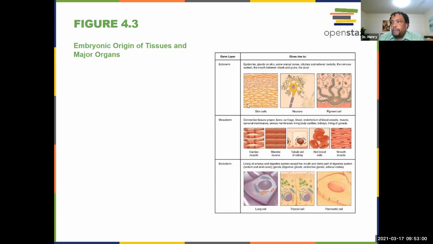So if we kind of think of it, the endoderm is going to be kind of all those internal organs like your digestive tract. So like your intestines, right? So it's going to make up like your intestine parts and your glands.